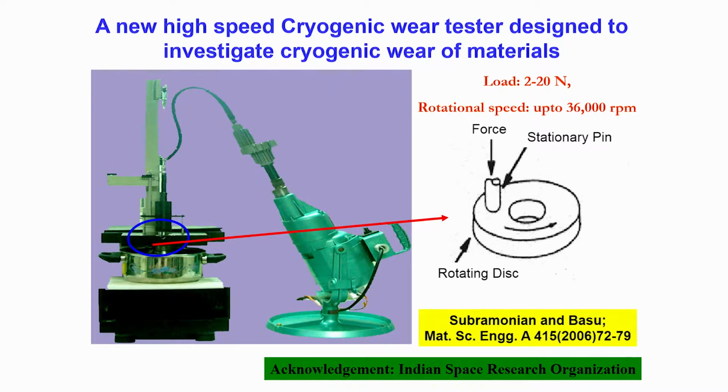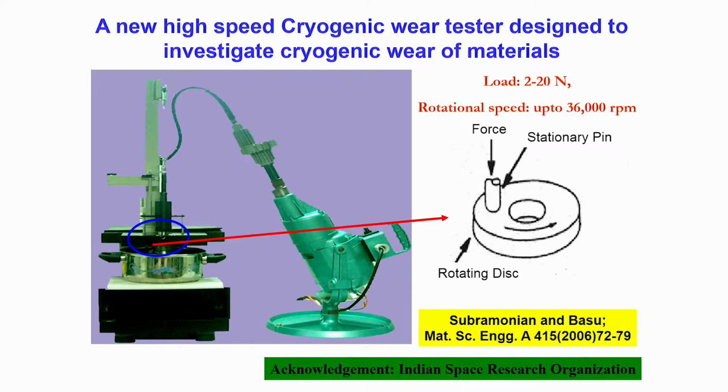Now this is the custom designed cryogenic wear tester that we have developed and designed more than a decade back, as part of our space tribology program with Indian Space Research Organization, ISRO.